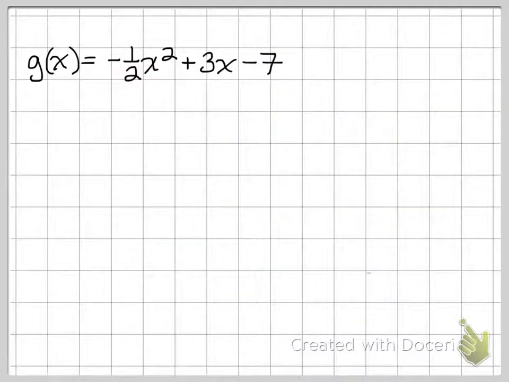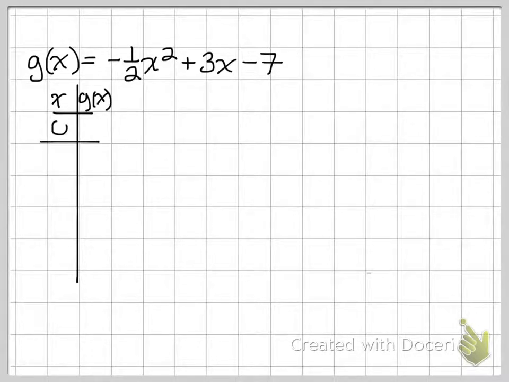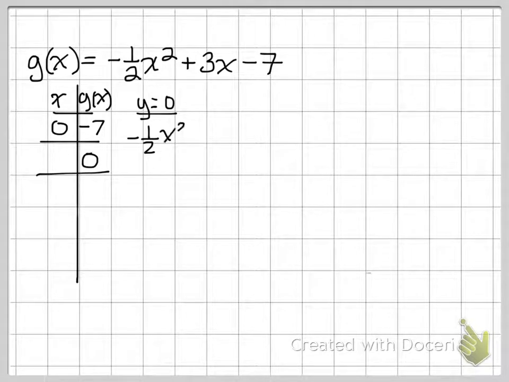Now for this one, let's start off with, like I said, to start off the other function, we want to go with an xy table. So I have x, g of x, and then when x is 0, y is -7. When y is 0, we would want to be setting this equal to 0 and solving for x, and it looks like we're going to have to use the quadratic formula again.